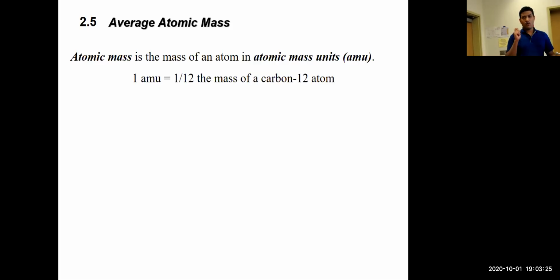One atomic mass unit is defined as the mass of 1/12th of a carbon-12 atom. Carbon-12 has 12 atomic mass units, and 1/12th of that weight is defined as one atomic mass unit.